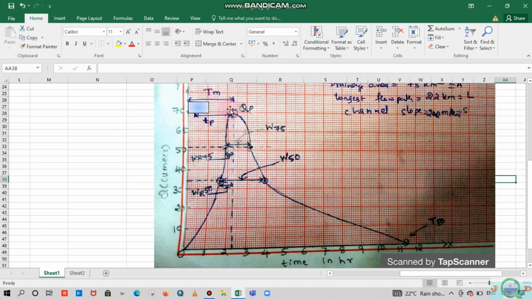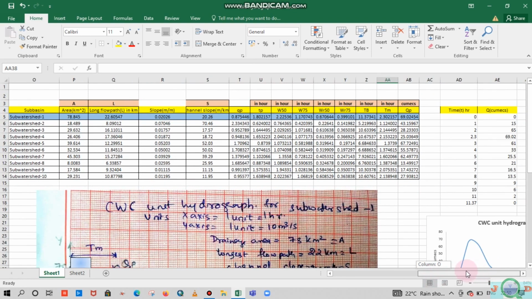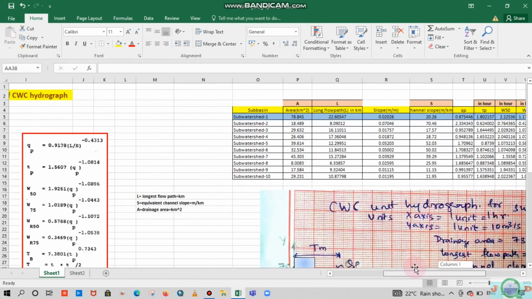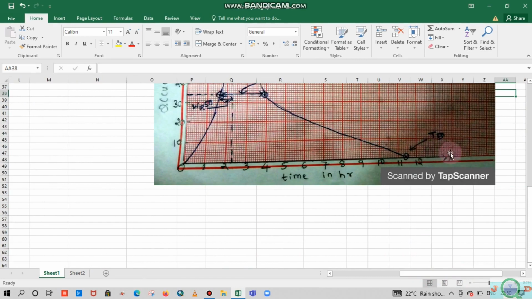So I marked this QP point, and I also marked the location of the TB, that is the time base of this hydrograph, which is 11.37. So 11.37 is also marked here, this point is TB.